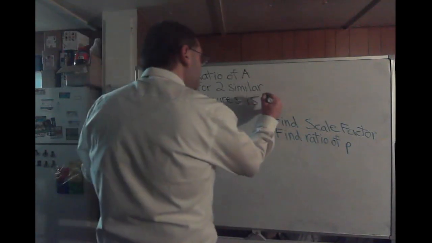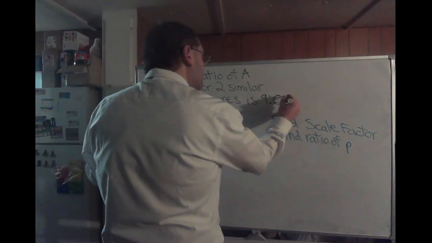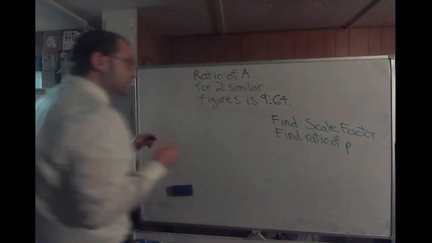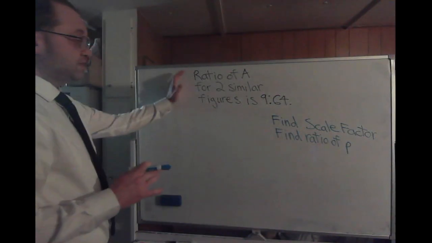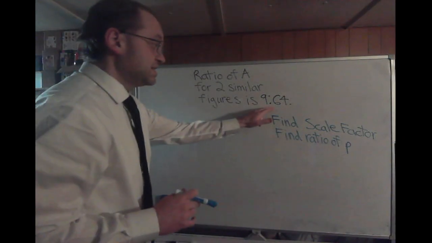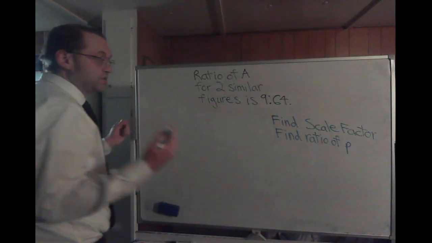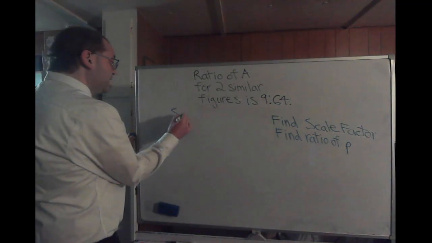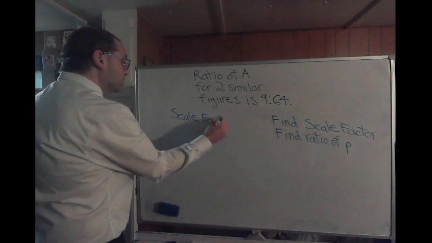Okay, so the ratio of areas of two similar figures this time is going to be 9 to 64. We need to find the scale factor and the ratio of the perimeters. Well, since we have the areas, to find the scale factor, we've got to work backwards.